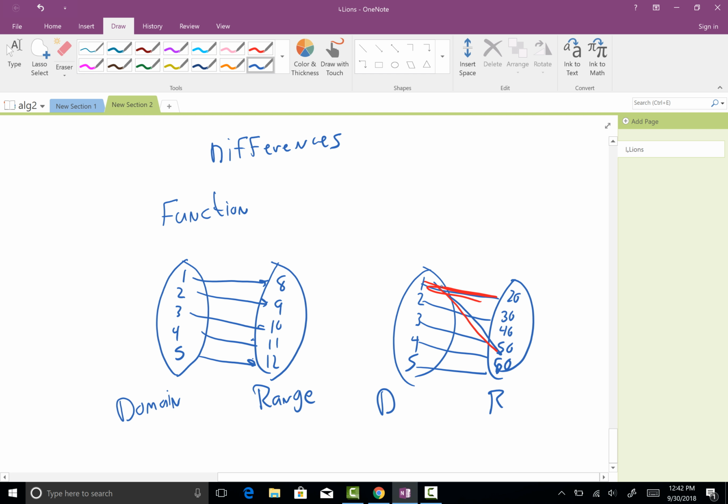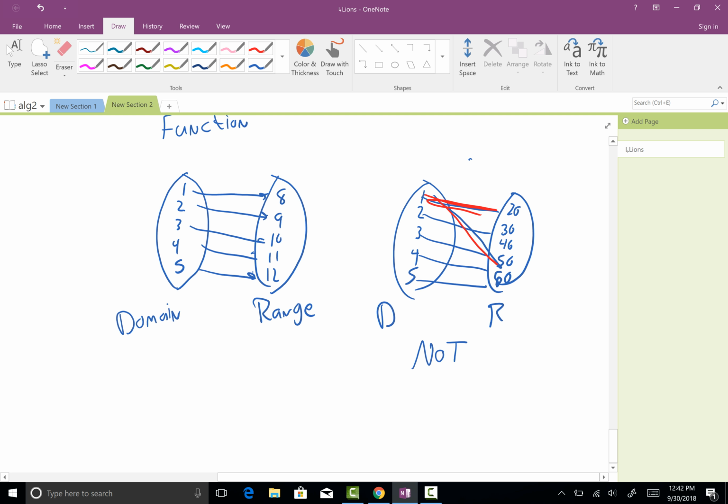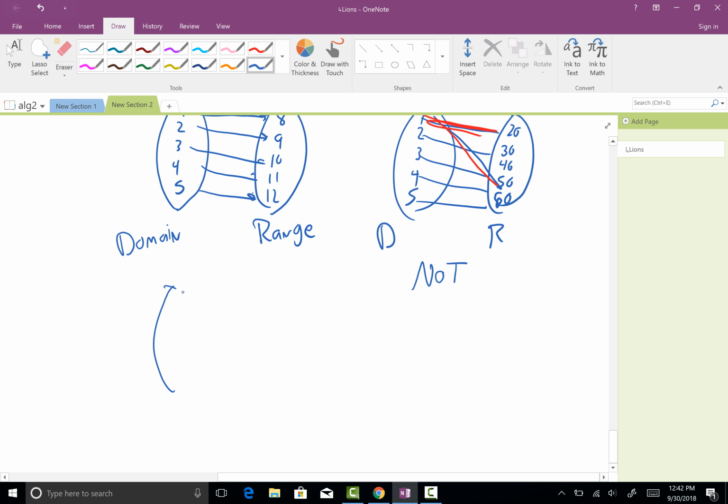Okay, so we have the number 1 going to two different range values, and that makes this not a function. Okay, so that's the big difference, right? This is a relation on this side, but it's not a function.